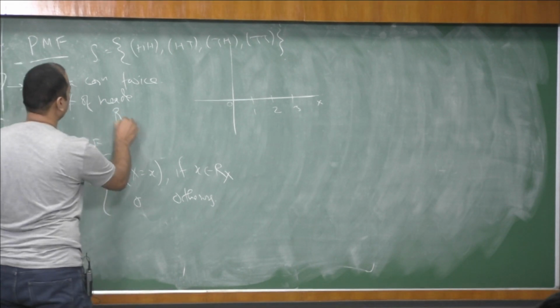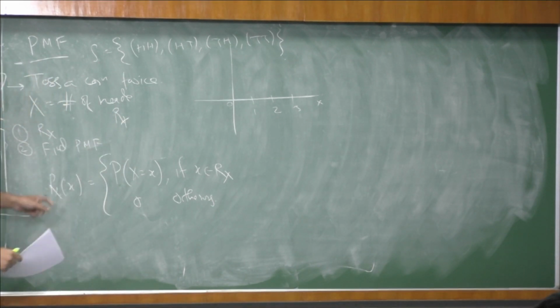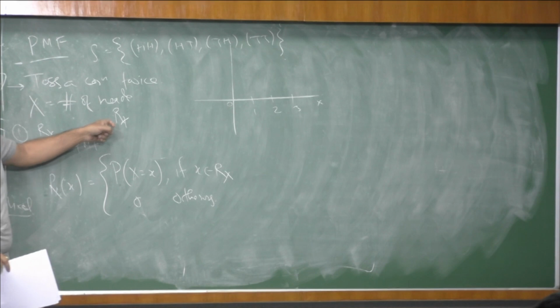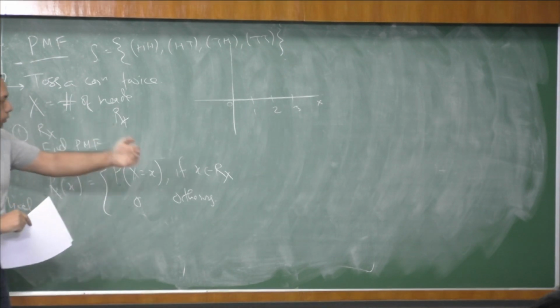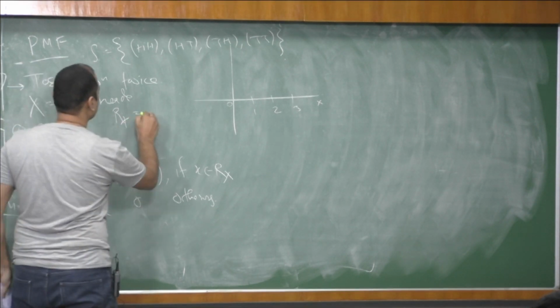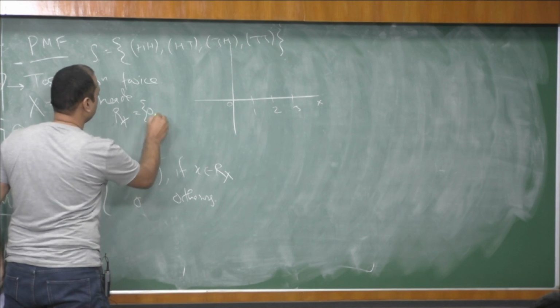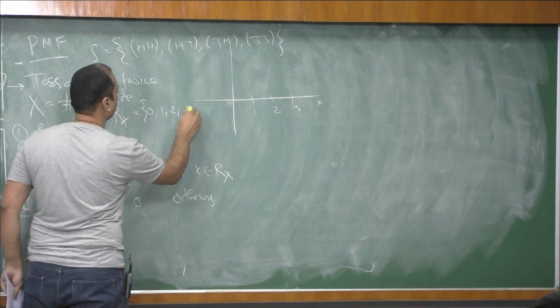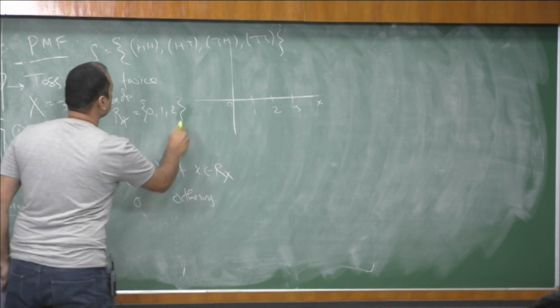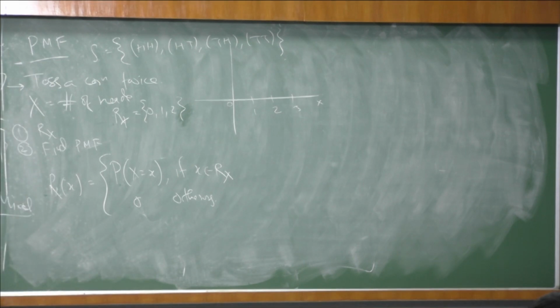When computing a PMF, it's always important to write the range first, because the PMF is calculated for those values. So the range of x is 0, 1, 2. Three cannot happen, because there are only 2 coins, so at most 2 heads can happen.